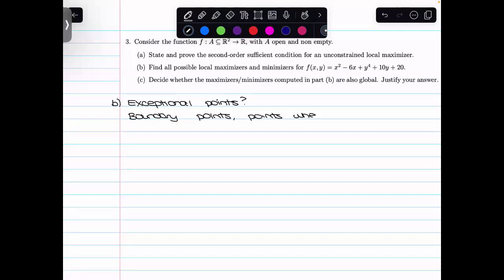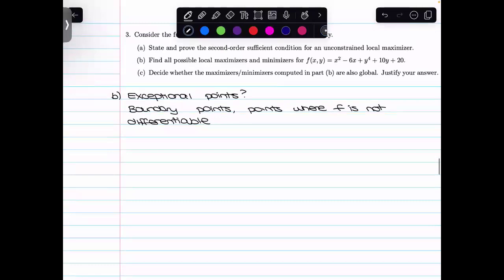But those realistically, you're really not going to see in this course. That was something that came up more in Math 1. That kind of point you can only have with functions that are not differentiable, so usually piecewise defined functions, which again, you're not going to have, or something with an absolute value or a root. But you really probably are not going to see that come up. It's just to keep in mind that those are technically possibilities.